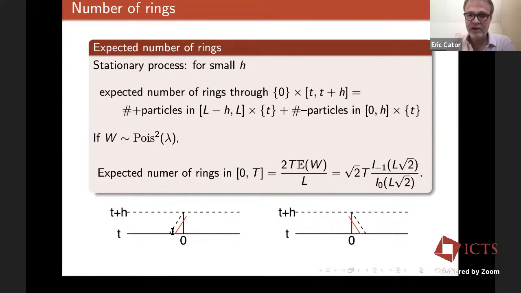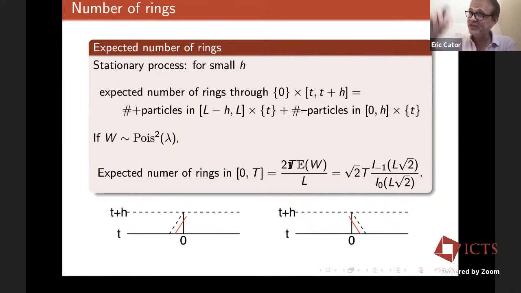Well, it's h divided by L times the expected number of positive particles, which is the expectation of W. That would be the number of positive particles. So if you multiply by 2, you get the number of positive and negative particles. So in time h, you expect 2h expectation W over L number of rings.